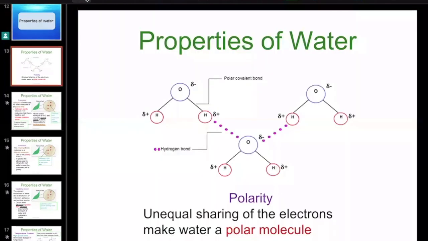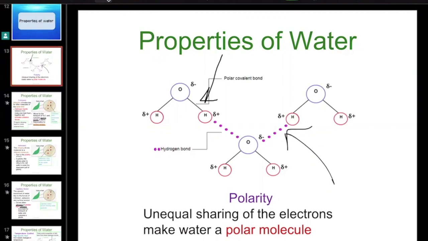Okay, this is a slide that we just looked at when we looked at our chemistry review. It shows hydrogen bonds between water molecules. It shows polar covalent bonds between the oxygen and the hydrogen of the same molecule.